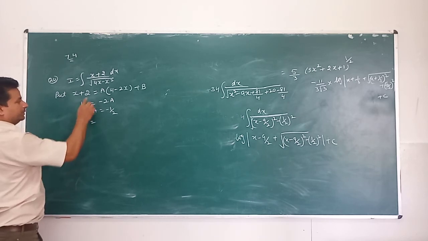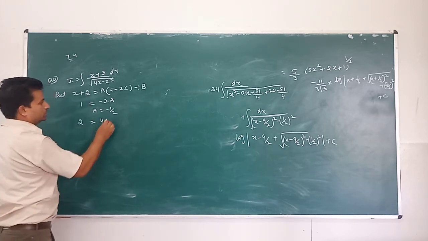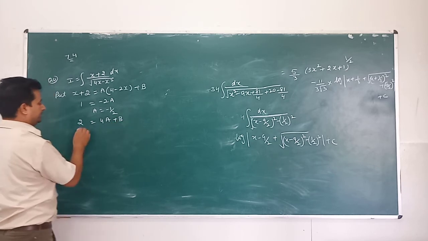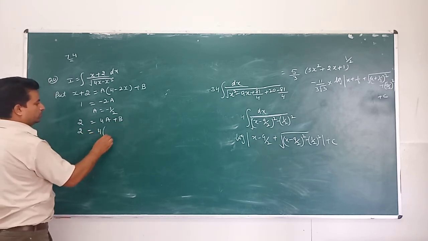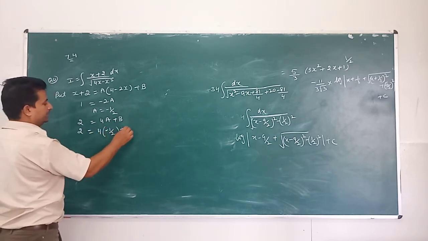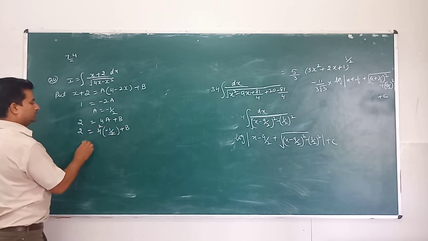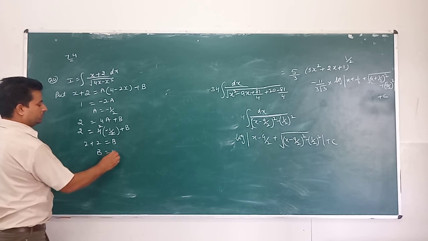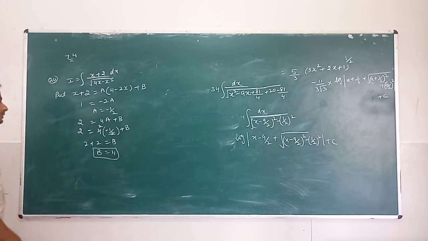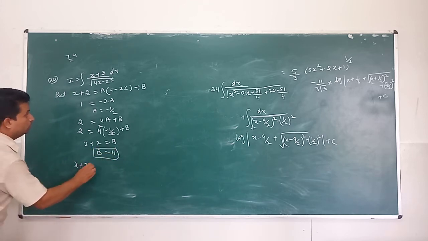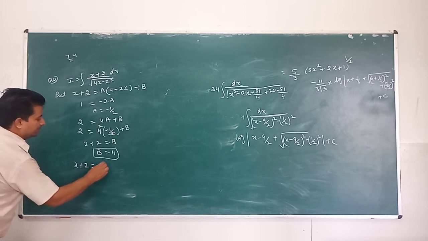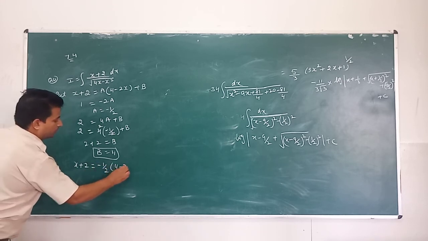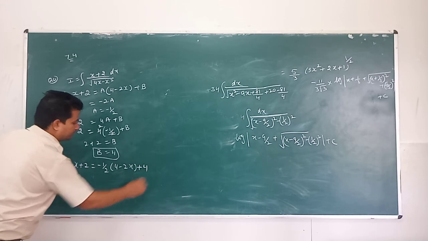Comparing the constant term, here the constant is 2, and this is 4a plus b. So this is 4 times minus half plus b, so 2 plus 2 equals b, so b is equal to 4. So x plus 2 is minus half (4 minus 2x) plus 4.